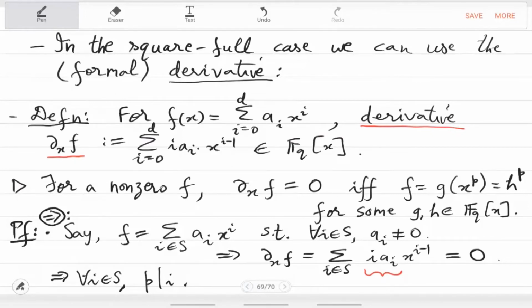So all these a_i by definition are non-zero. The only other case is when f is absolutely 0, but then obviously f is 0, which is a function of x to the p. In all other cases, there will be this support S, and here i will be forced to be divisible by p. So that gives you the definition of g.